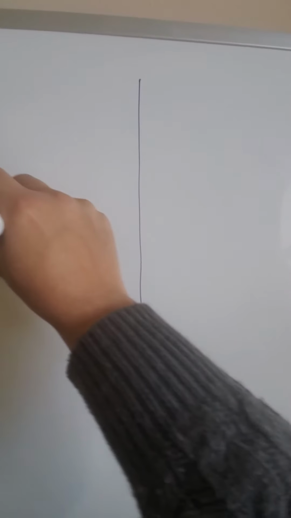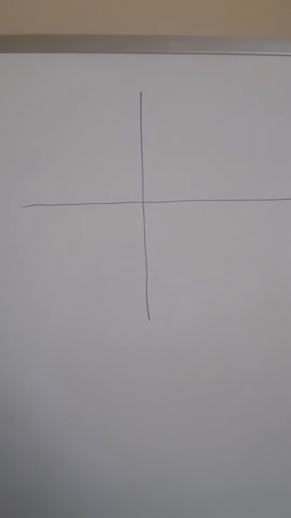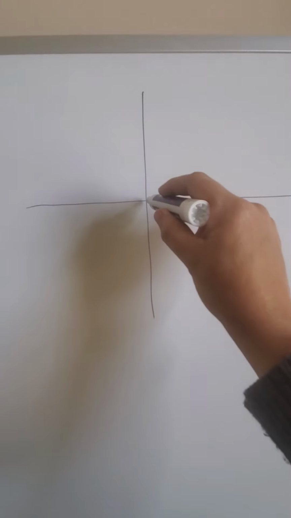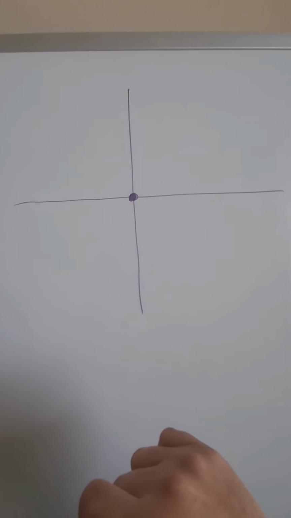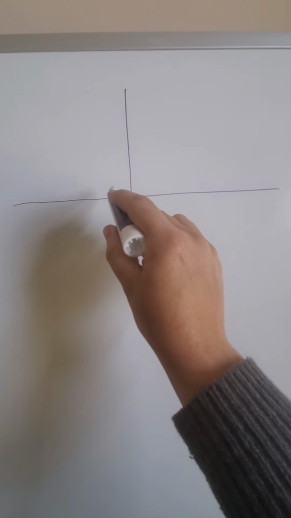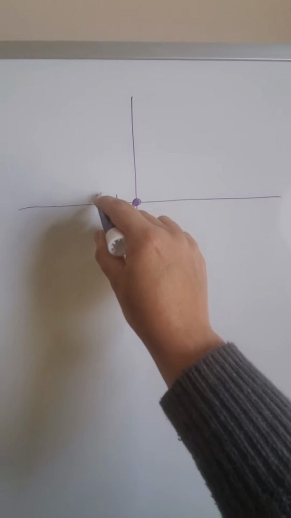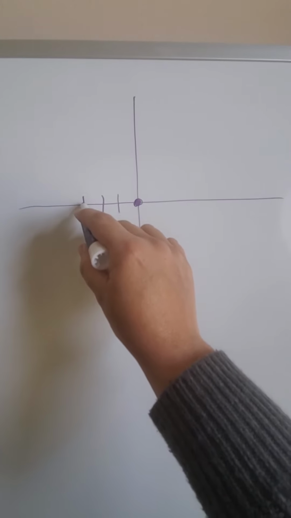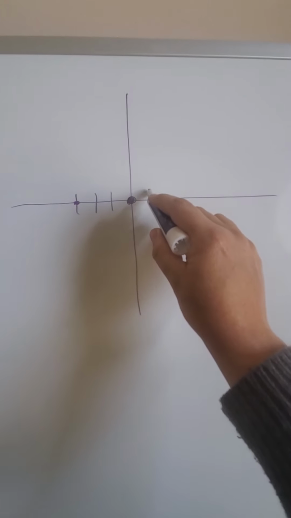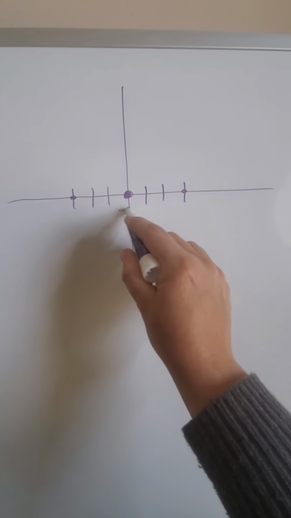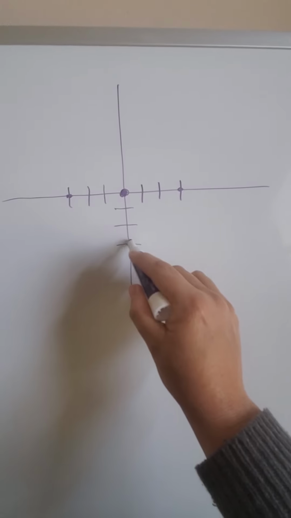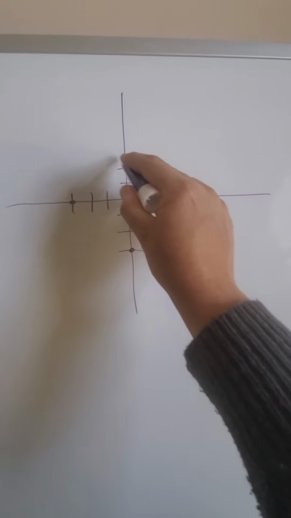So let me give you some basic examples to start with, and ignore how uncircly my circles are going to be, okay? So let's start with, let's say we have a circle that's at the origin, which is 0, 0, and maybe it's 3 units is my radius, like we were just talking about. So 1, 2, 3 is going to go 3 units to the left, 1, 2, 3 units to the right, and 1, 2, 3 units down, and 1, 2, 3 units up.